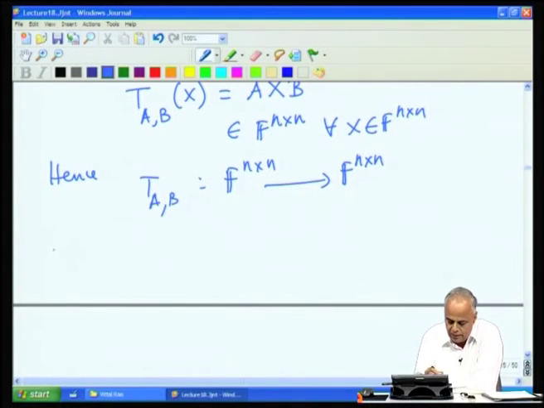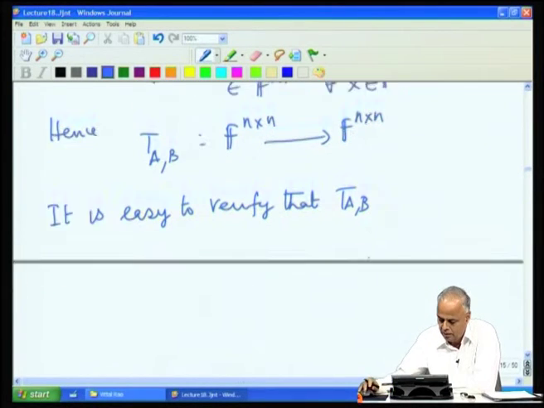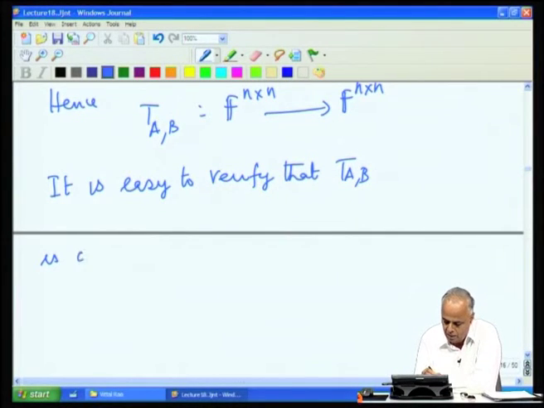Now, we leave it as an exercise to verify. So, we will simply write it is easy to verify. The same arguments we have to carry on to verify that TAB is a linear operator on Fn cross n.